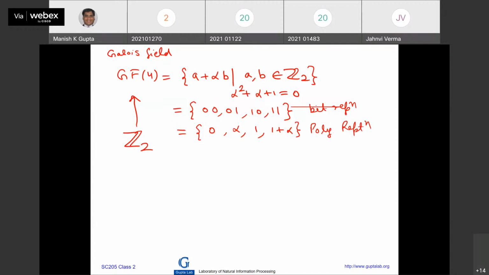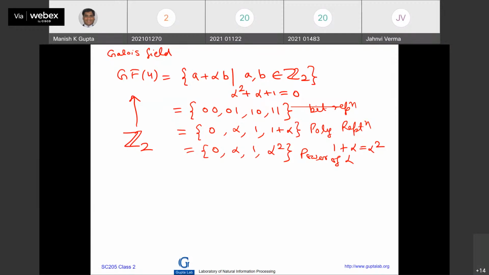Since 1 plus alpha is equal to alpha square, I can also write it as powers of alpha: 0, alpha, 1, alpha square. So these are the 3 representations.